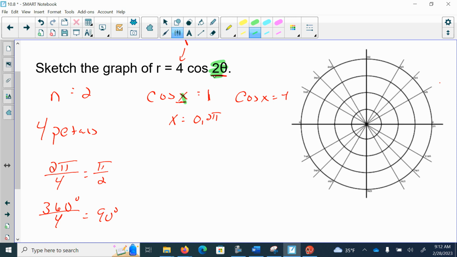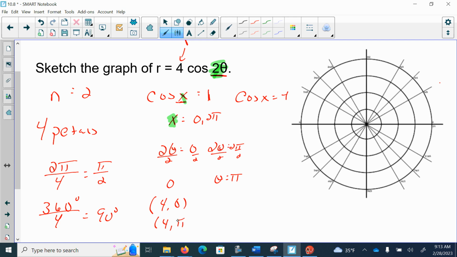So in place of x, I am going to write 2 theta, and say 2 theta is equal to 0 or 2 pi, because the more you can get, the better. Divide both by 2, and I have 0 for this one and pi for this one. So this is going to be a max because 4 times the cosine of 1 will be 4. So my max, my radius, will be 4, and that happens at 0, and that happens at pi.